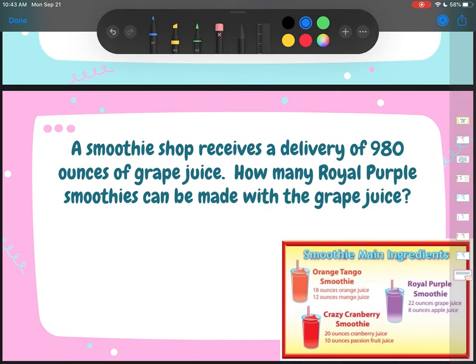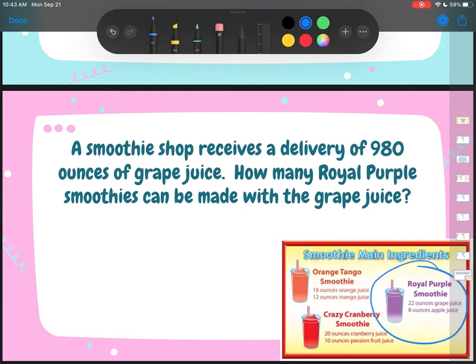Let's look at the last one before we look at our daily assignment. Okay, so we've got a smoothie shop receives a delivery of 980 ounces of grape juice. How many Royal Purple smoothies can be made with the grape juice?